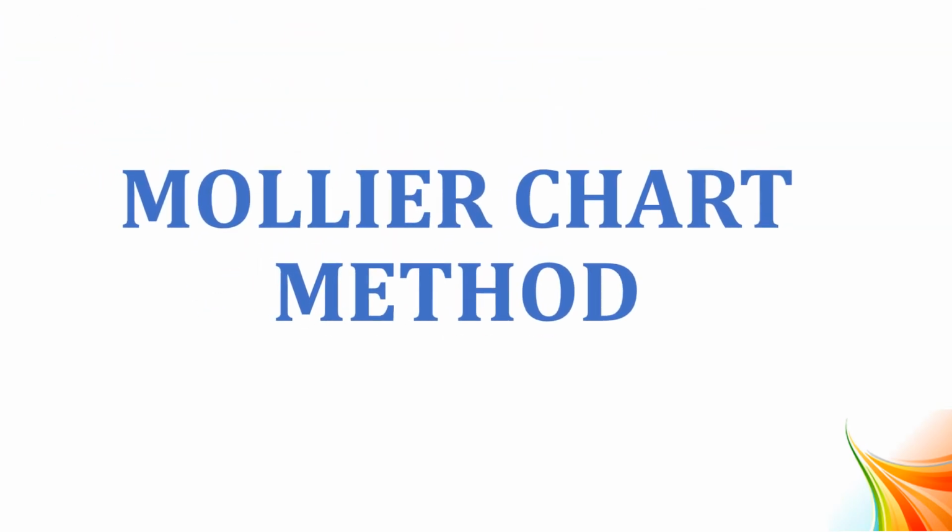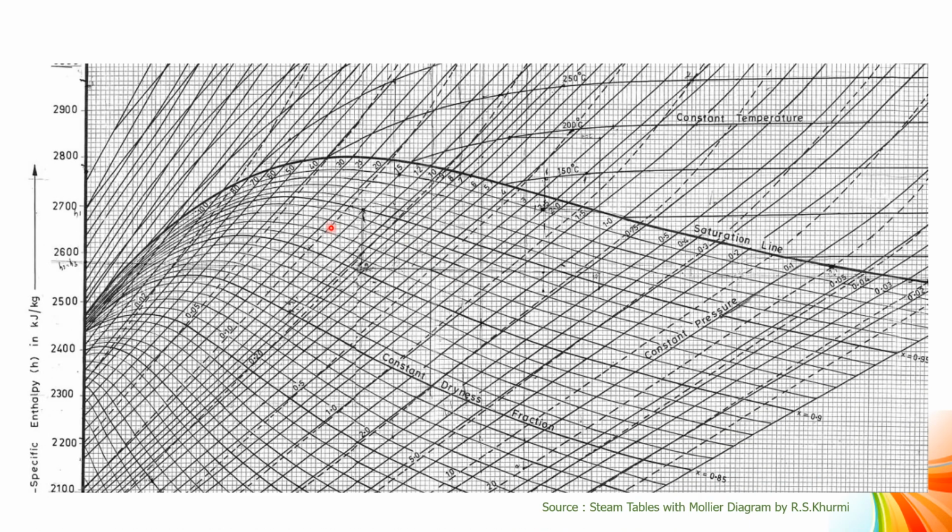Now we can solve this problem using Mollier chart. See, this is the Mollier diagram, which is the graphical representation of steam table. The x-axis represents the specific entropy values and y-axis represents the specific enthalpy values.